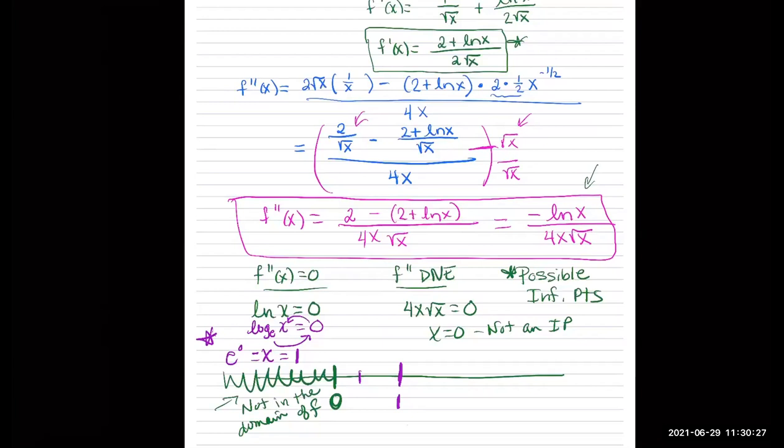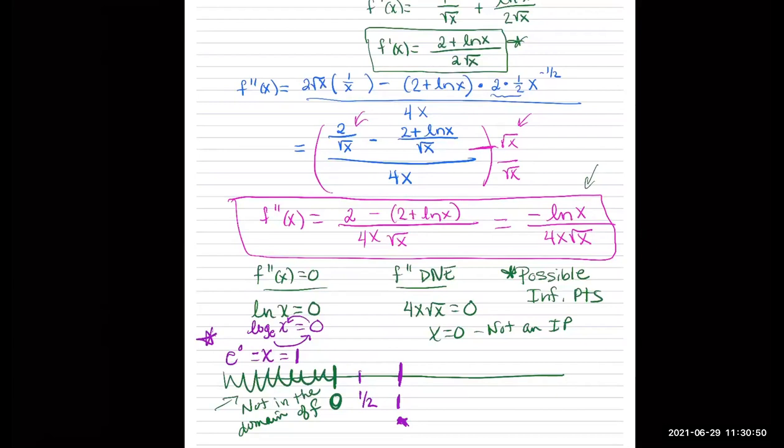Okay, so this is our possible inflection point. So I can't pick 1, right? I've got to pick something between 0 and 1, so maybe 1/2. If we were going to find the y coordinate for x equals 1/2, we would plug it into the original function. But we are trying to determine the concavity.